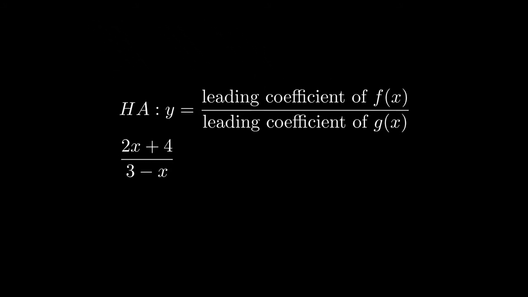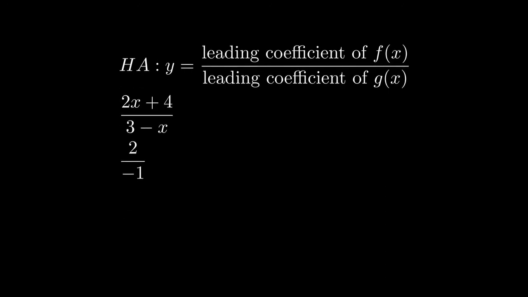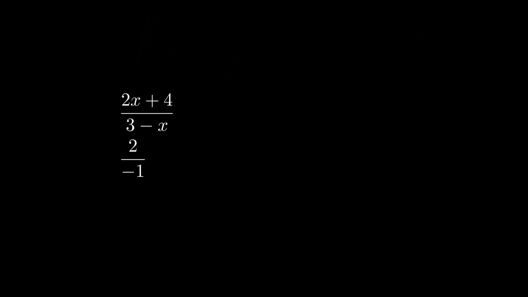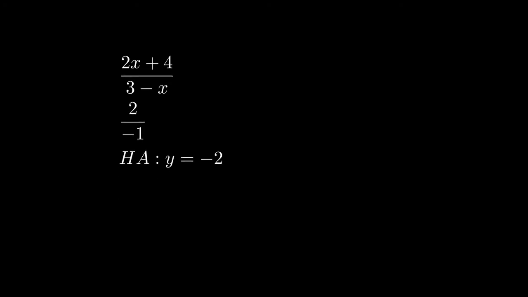So in our situation, we have our function here. The leading coefficient of the numerator is 2. The leading coefficient of the denominator is -1. And so this gives us the same answer that we got looking at limits.